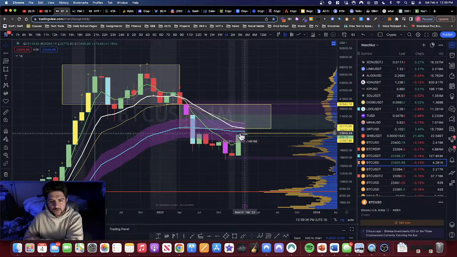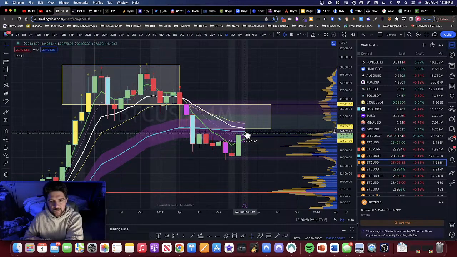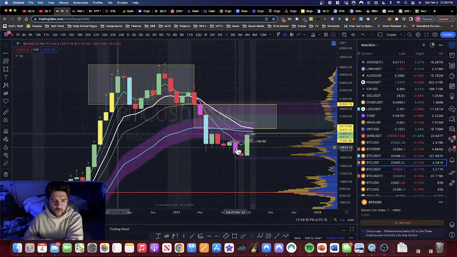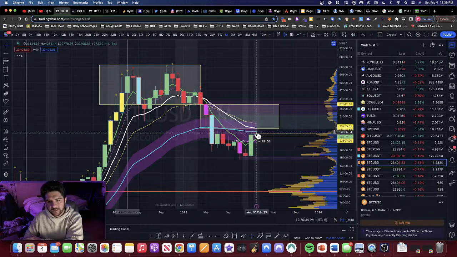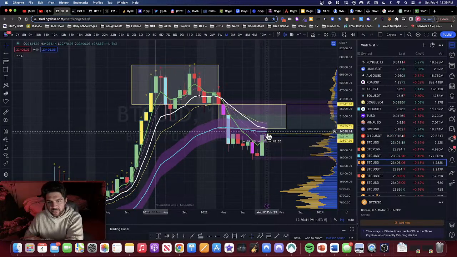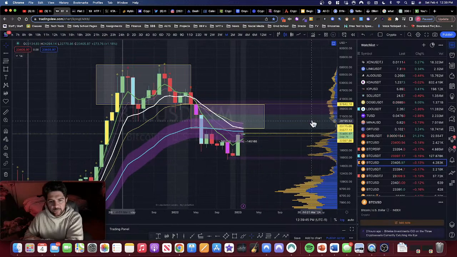And we close right on the 50 EMA. So on a monthly time frame, one might say that we're just back testing the 50 EMA. When you back test the 50, you want to see a continuation on a monthly time frame.